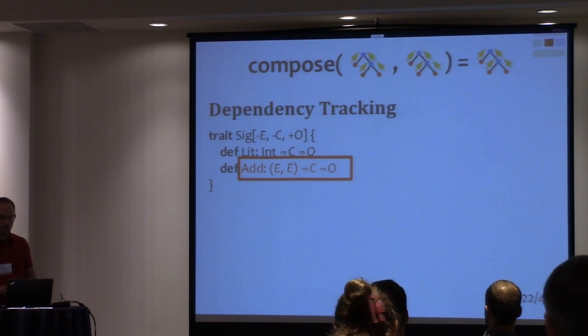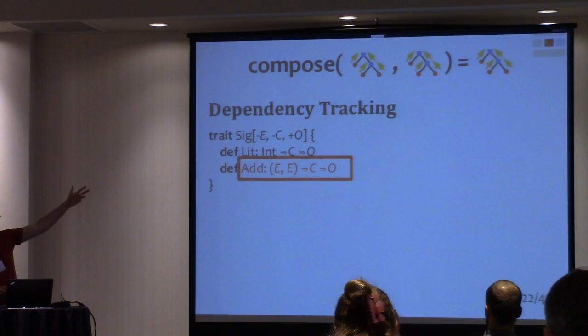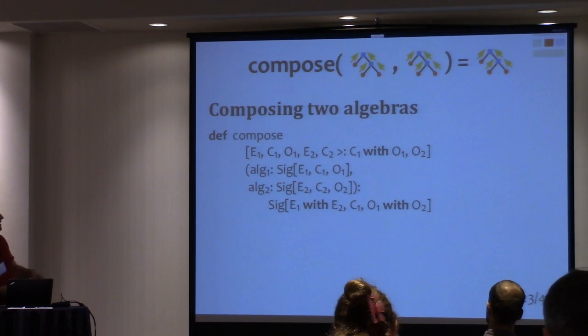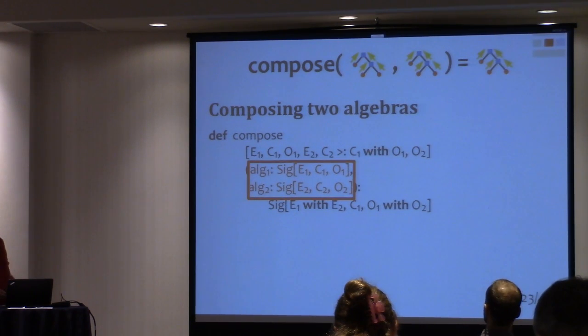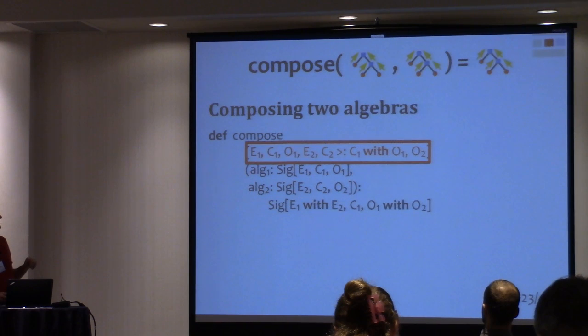Okay. So now with this more descriptive type for signatures and with our mix thing, we can implement compose. This is just a type. So we take two algebras of arbitrary types, except that we have one constraint.